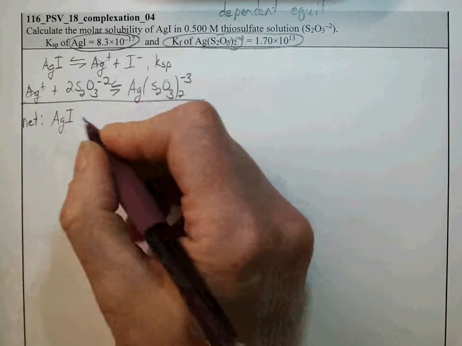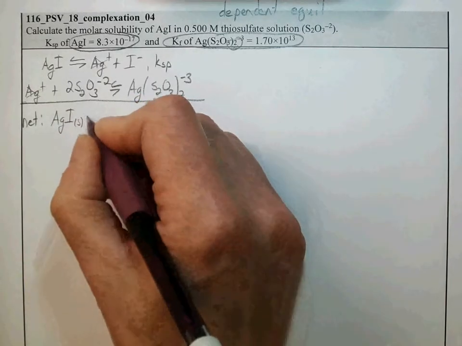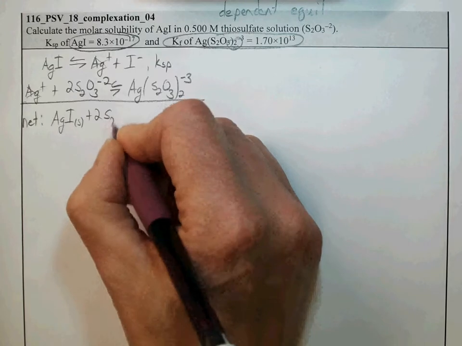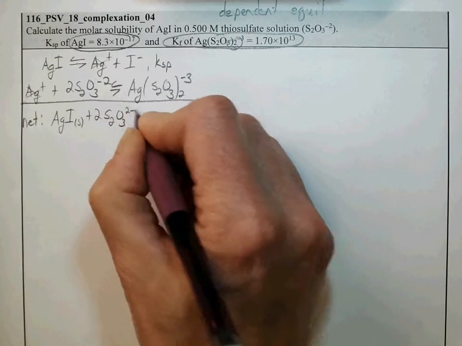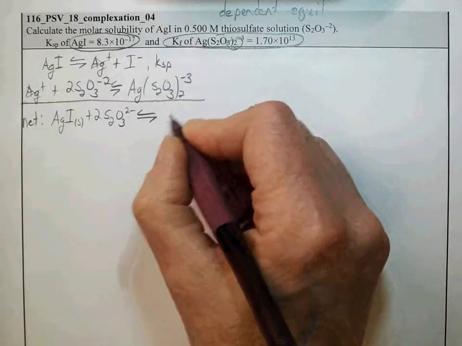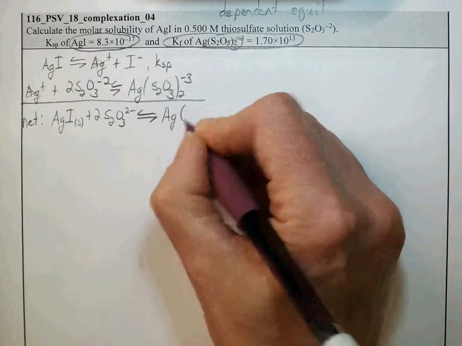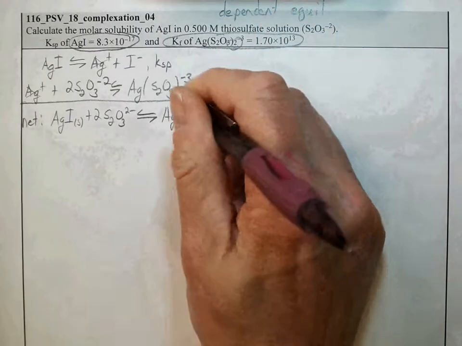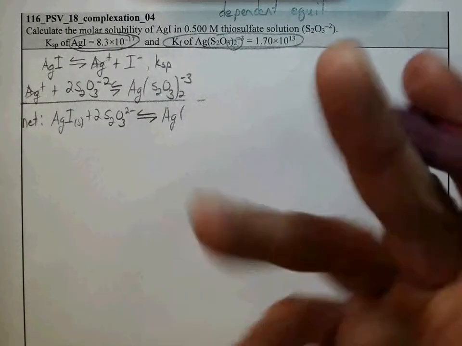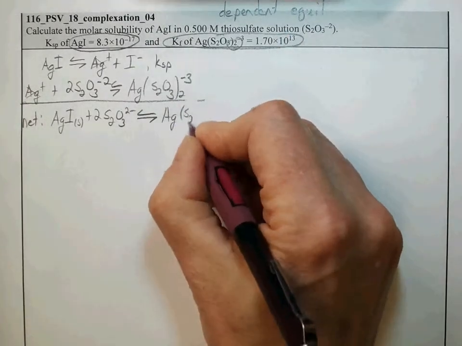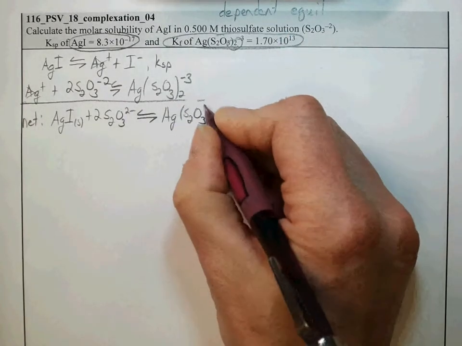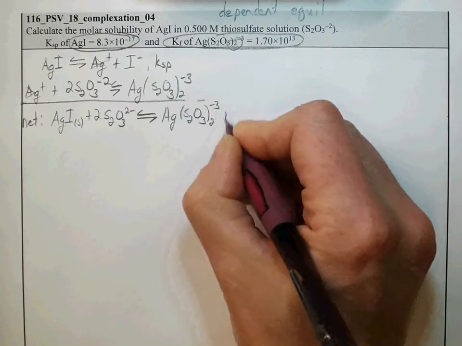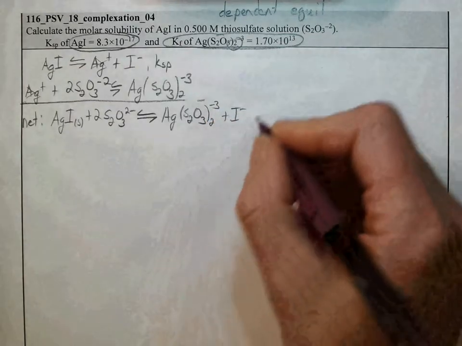We have AgI, solid, in our net reaction, reacting with the thiosulfate to yield our complex ion. And iodide ion in the solution.